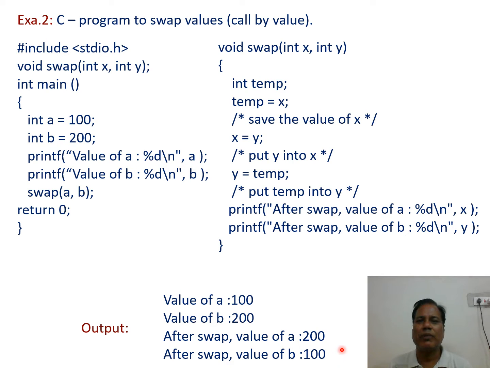So in this program we saw how a function is called, and while calling the function, how values are passed to the called function, and then called function performs its job, and then control again goes to the calling function, and last statement of the calling function is return 0, that is end of the program.